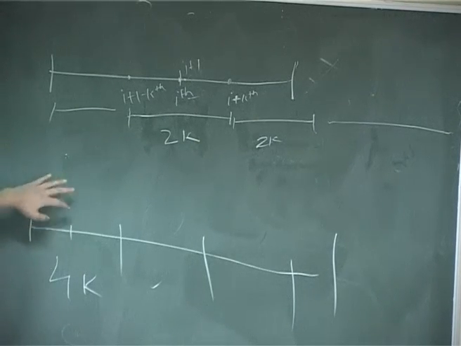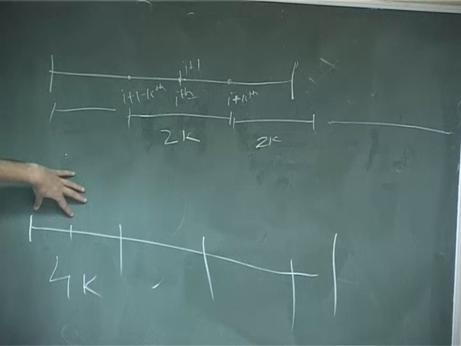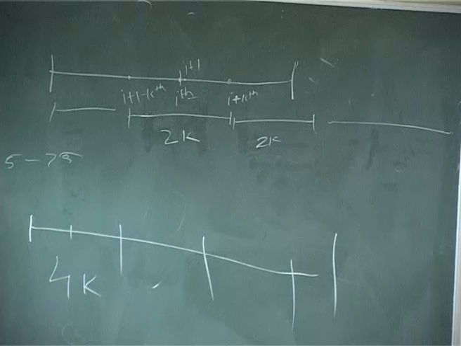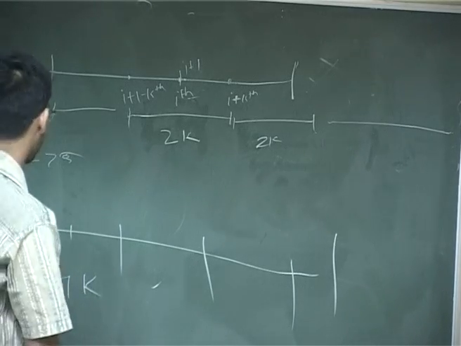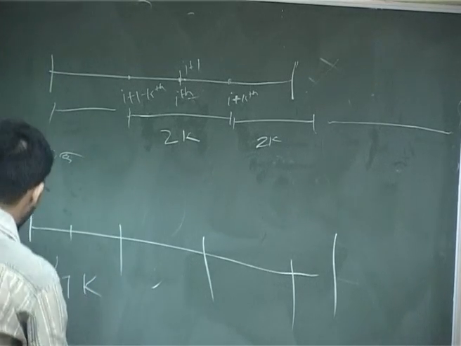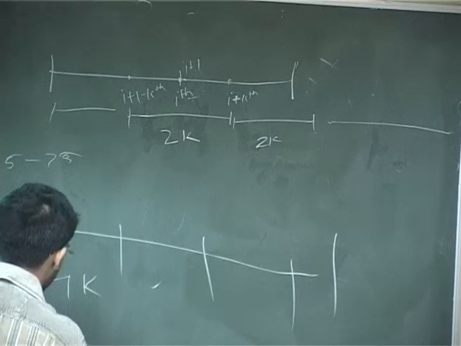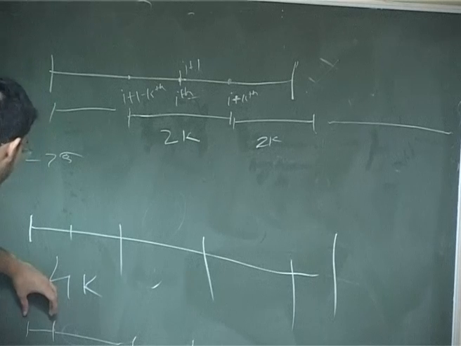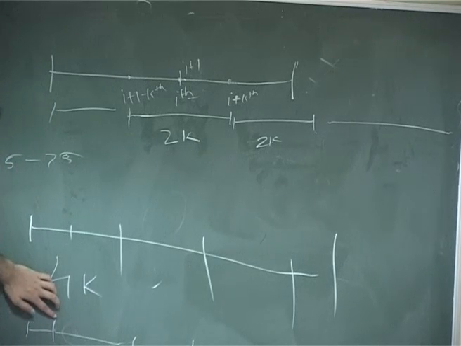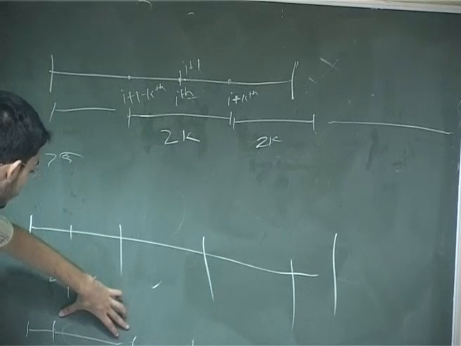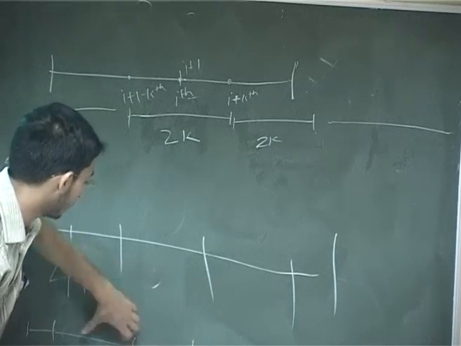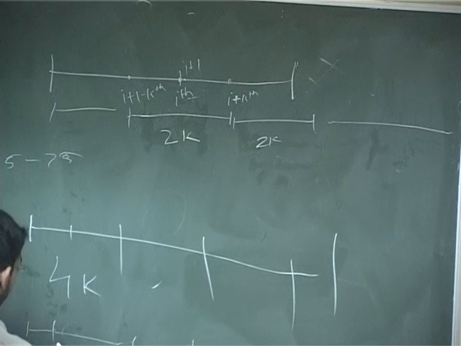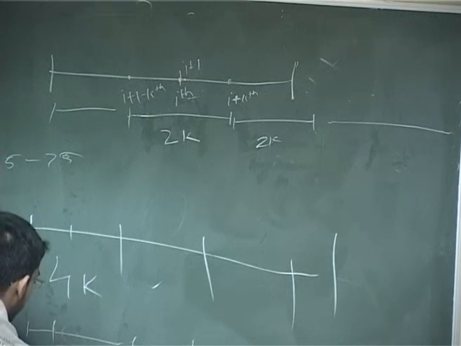Mostly choose the center element, because if you choose the center element, then the partition will be at max 25 to 75. After partitioning, you will have the array like this. Each part will be placed correctly, because after partitioning this is the largest element, this is the smallest element, and this partition will be greater than this, and this partition will be less than all other partitions. Then sort within the partitions. So the maximum size of a sorting partition will come out to be 6k.